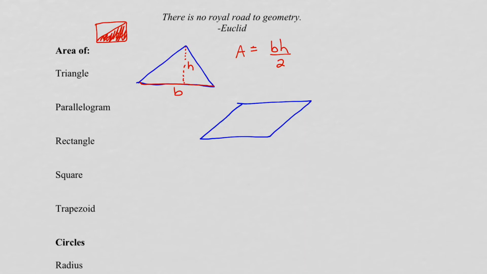And this also has a height. How high is this standing? And it has a base. It doesn't have to be on the bottom, it could be on the top. I mean, those opposite sides are congruent anyways. But this one is just going to be the full area. We're not going to cut it in half. So this is going to be base times height.